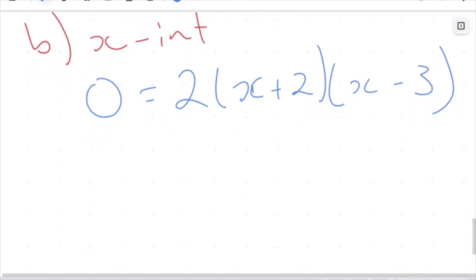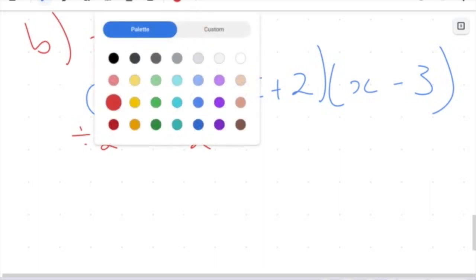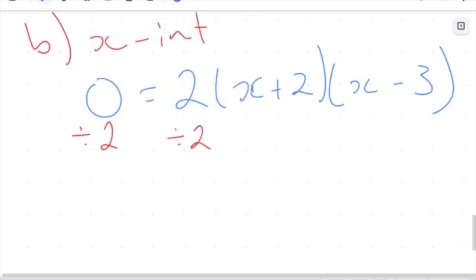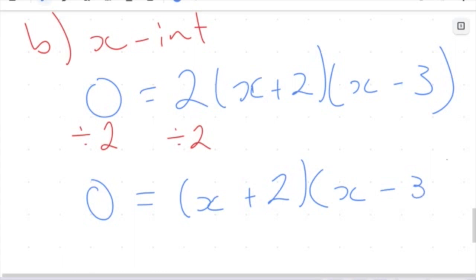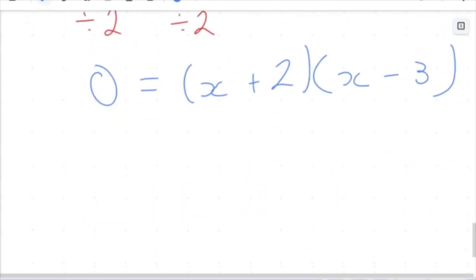So to make this easier, this 2 is not really telling me anything new about my intercepts. So I'm just going to divide through both sides by 2, because my left-hand side's not going to change. 0 divided by 2 still gives me 0. And I have a nice little binomial product here, which will allow me to use the null factor law.